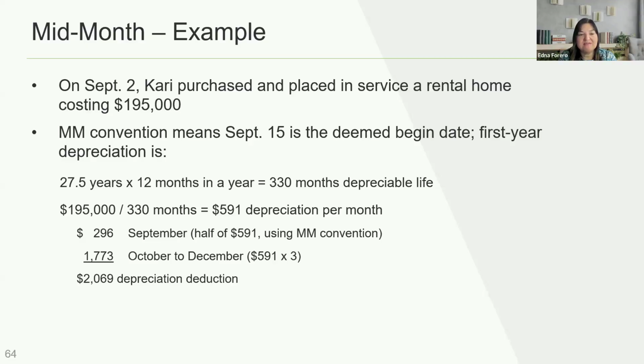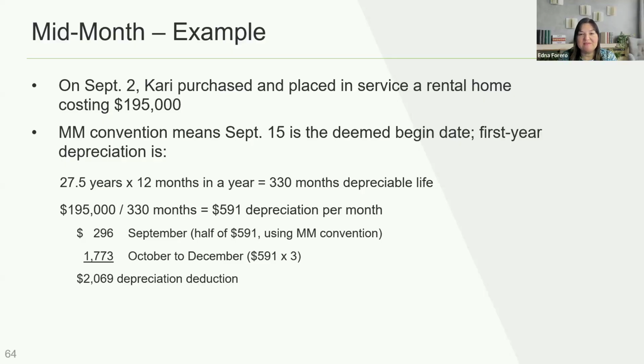So we're going to use half of that for September using mid-month convention. And then October to December are full months. So that's 1,773, so 3 months of depreciation at $591. And that's going to give us a total depreciation of $2,069. So that's going to be her depreciation amount for the first year under mid-month convention.